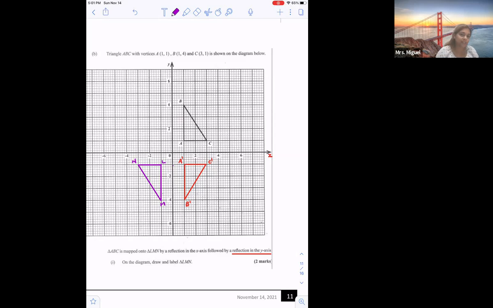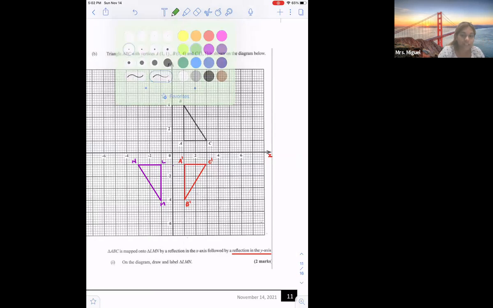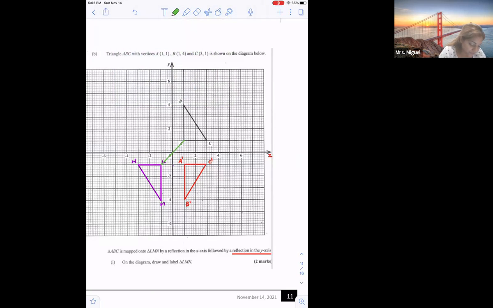A rotation is when the image has changed the orientation. So here we have a rotation. So we need to work out the center of rotation. How are we going to get the center of rotation? Well, we're just going to connect up the points here and measure the angle. So we're going to connect up the corresponding points and measure the angle.